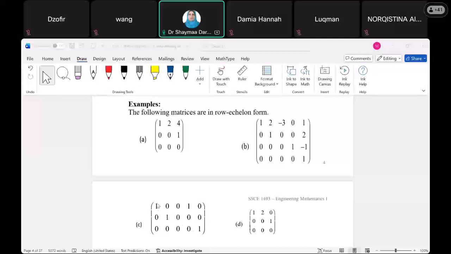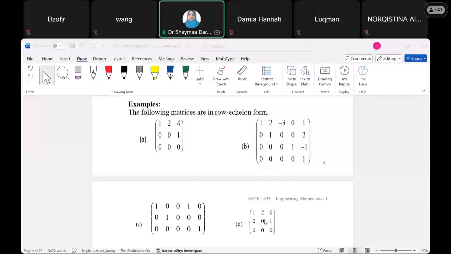For example, this leading 1, all the other numbers in the same column are 0. So 1, 0, 0. This is another leading 1. The other numbers in the same column are 0. This is a leading 1. The other numbers in the same column are 0. So this is not only row echelon form, this is also reduced row echelon form.